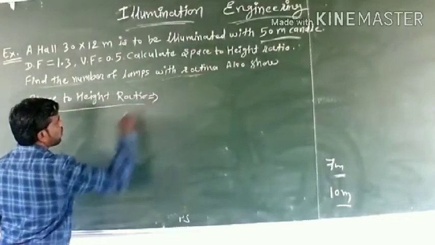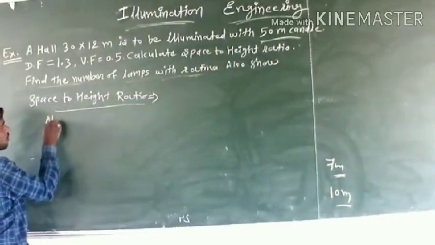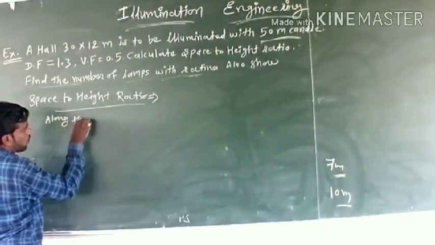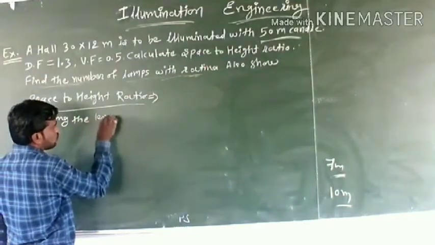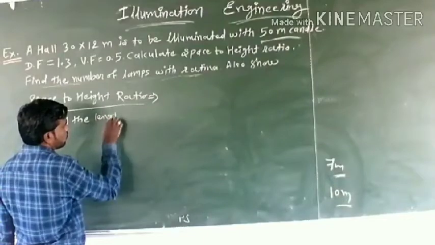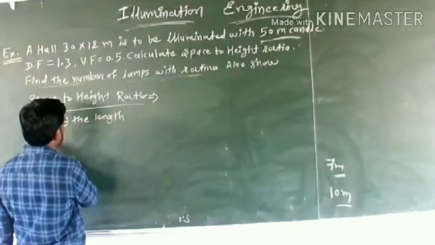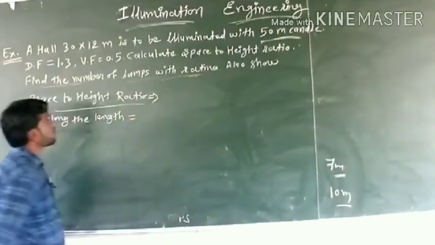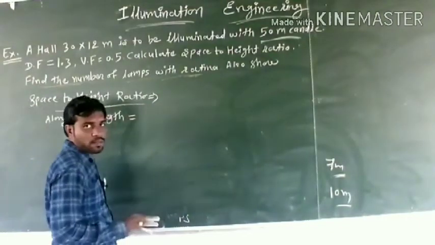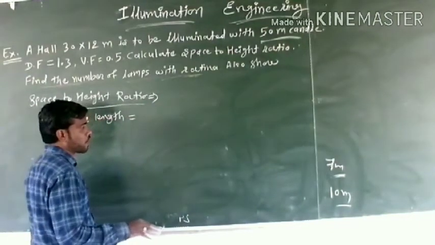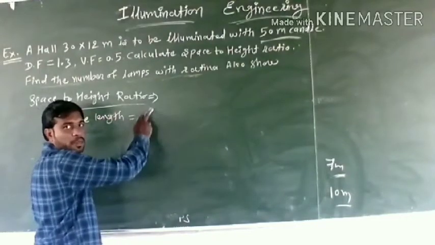Space to height ratio along the length first. So along the length, the space to height ratio is equal to a simple formula: space to height.